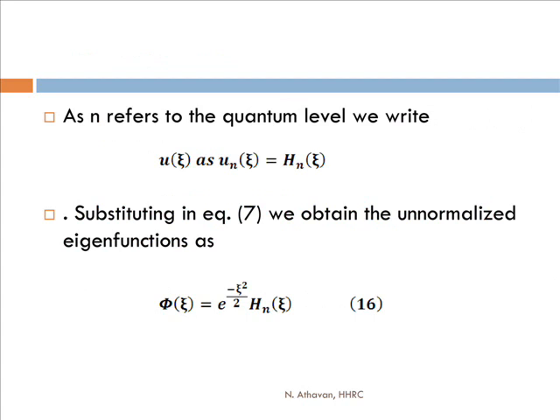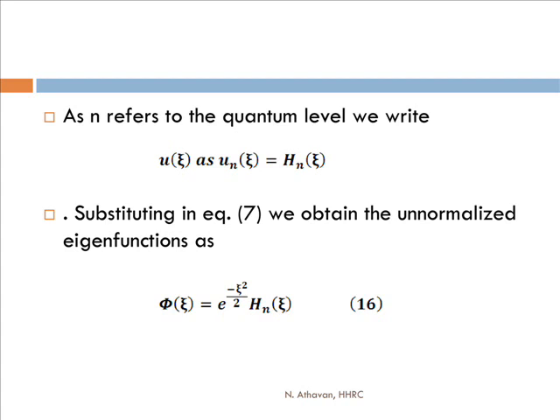Therefore, we can immediately write that Hermite polynomials are the solutions of this differential equation. As n refers to the quantum level, we write u of z as u_n of z, which is equal to H_n of z, where H_n of z is the Hermite polynomial.